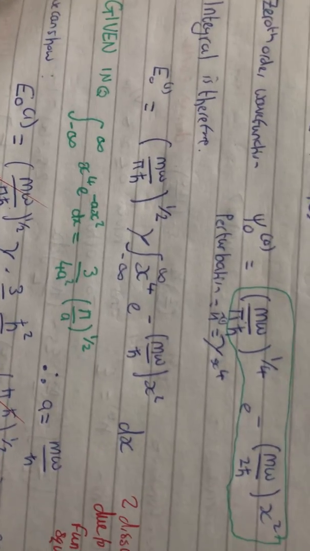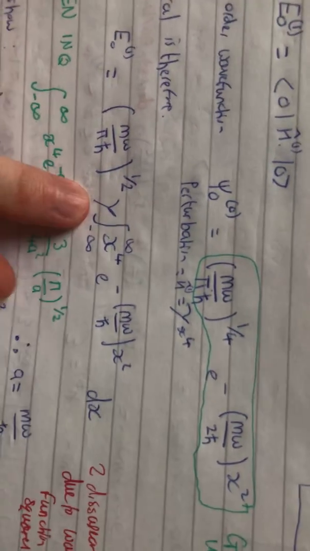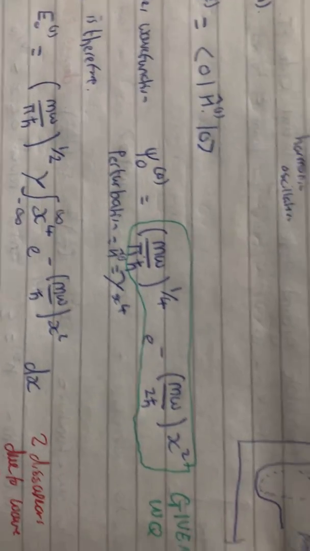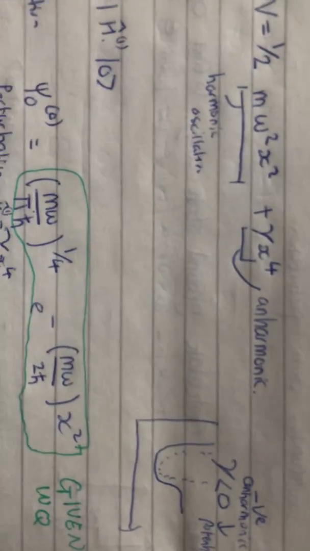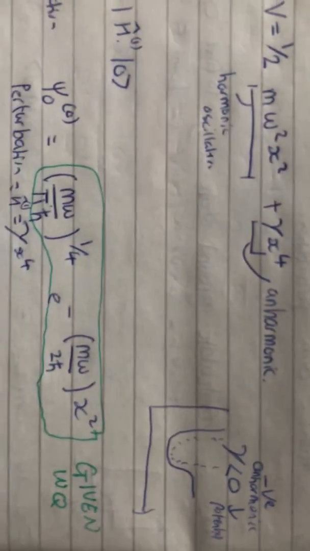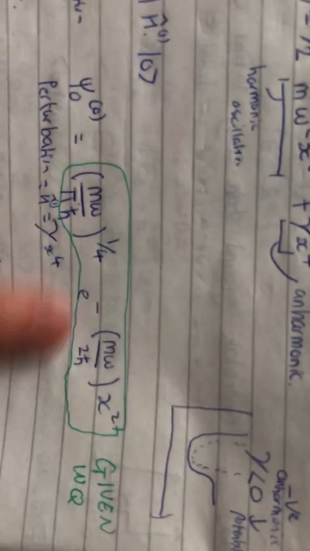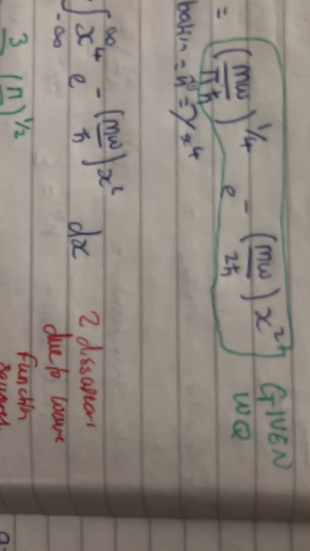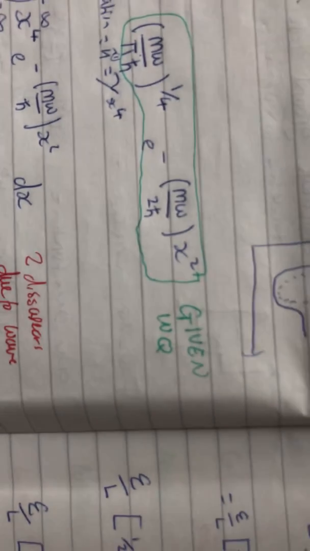So we can say that the integral is therefore this term multiplied by this, and then we've got x to the 4, e to the minus m omega over h bar x squared, which is essentially this term here. The 2 disappears due to the wave function being squared, which is nice.